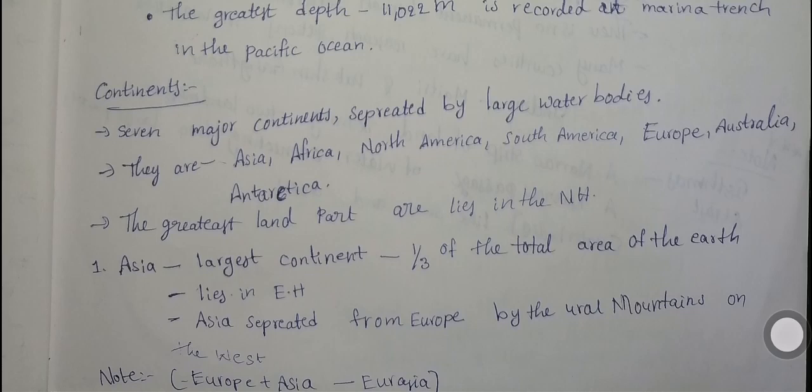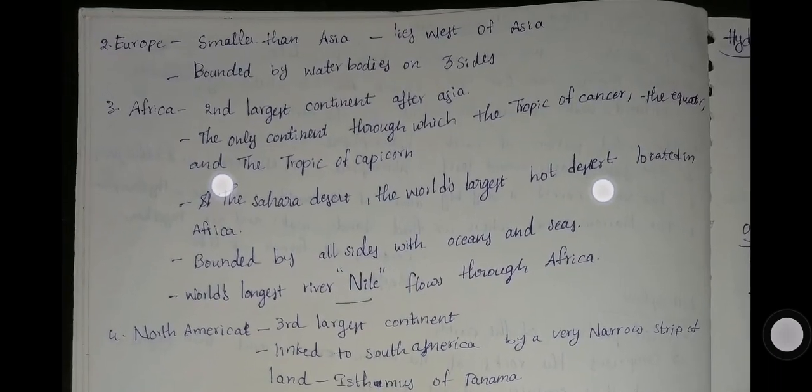It lies in the eastern hemisphere and is separated from Europe by the Ural Mountains on the west of the Asian continent. There is a word called Eurasia, the Eurasian plate, which comes from Europe plus Asia. This is about Asia.